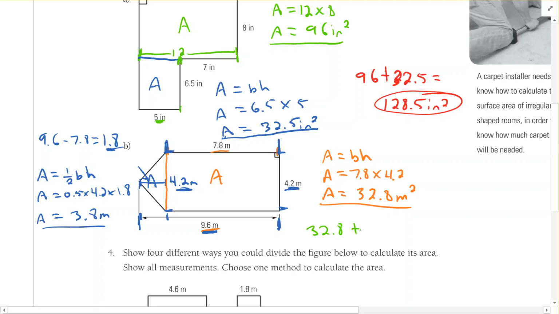Actually, I'll even make these the right colors. So we'll say 32.8 plus 3.8 is equal to 36.6 meters squared. Okay.